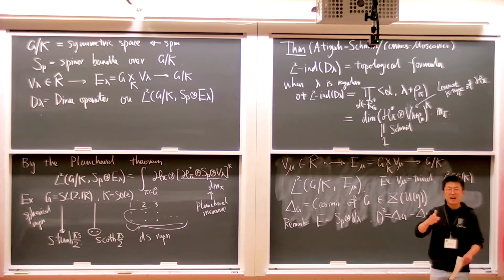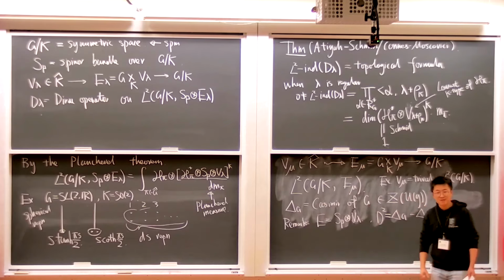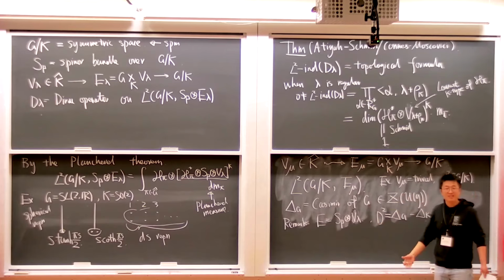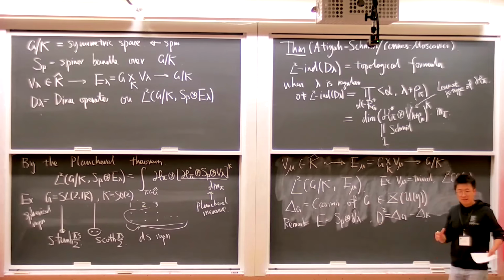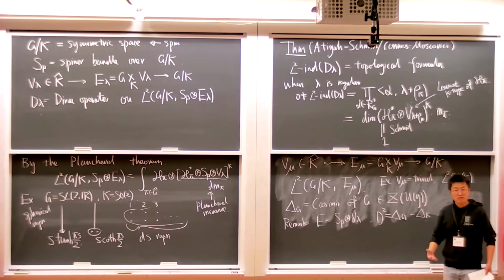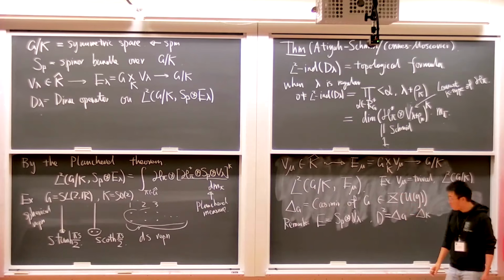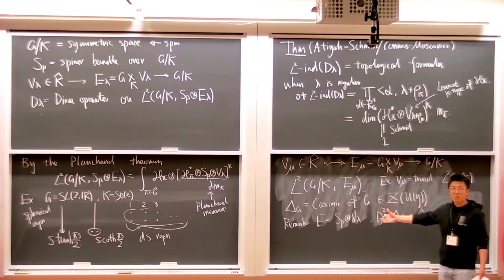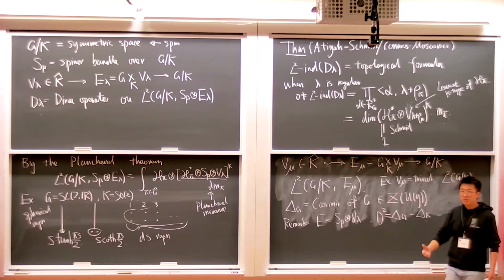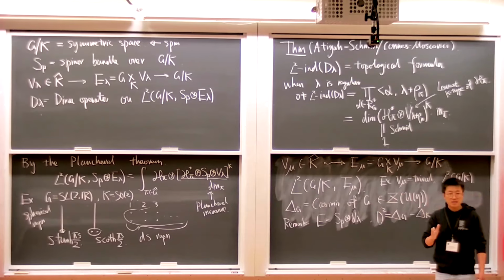Yes, that one plays the role of the Laplacian. But in fact, the main tool we are going to use makes sense for any element in the center. The key point is that the Casimir, as an operator, acts as a constant on every irreducible representation of G.